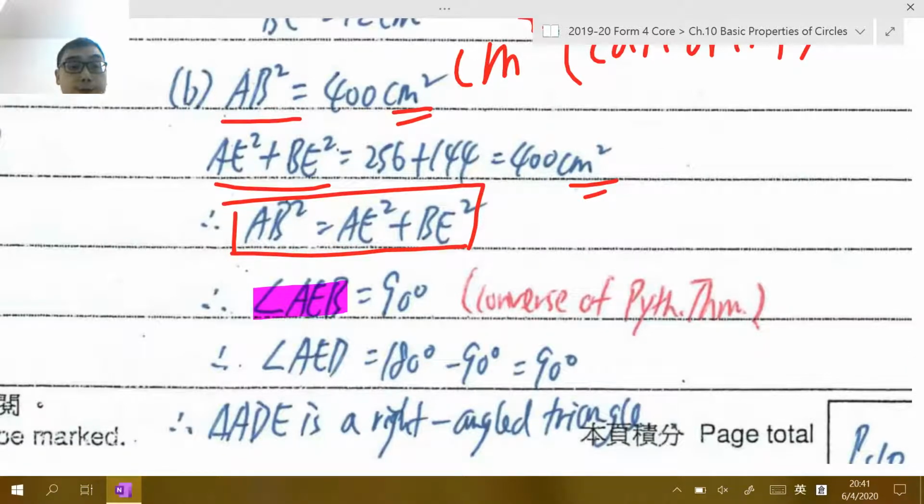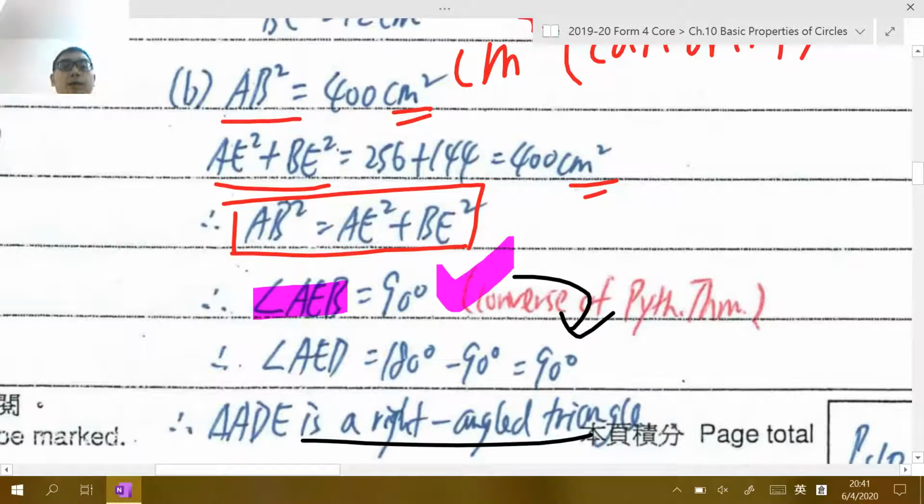So you should first write this, and then from this get that angle AED is also 90. Then you can write the answer. Do remember that some important steps, just like in question 30b, you cannot skip. For example, you should state angle AEB is 90 first, then write your answer. You cannot skip this one, because you understand that the converse of Pythagoras' theorem in this question is what is to be proved here.